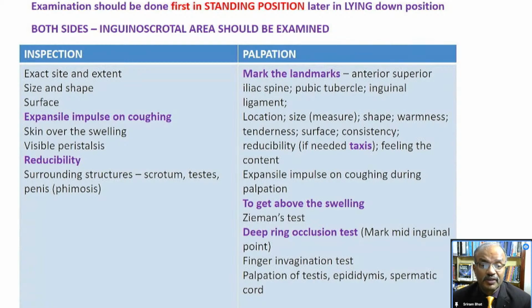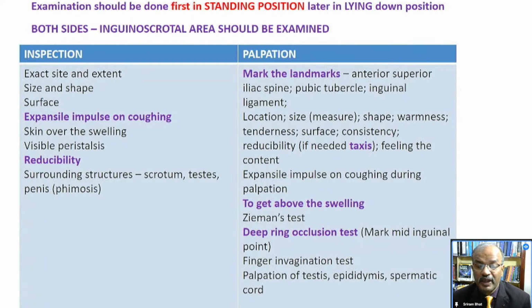Other thing is the Zieman test. Zieman test ideally should be done before deep ring occlusion. It's not a very important test. Zieman test I have already mentioned before, after getting above the swelling. Zieman test is to ask the patient to lie down, then for the right side the right hand is used, for the left side the left hand is used.